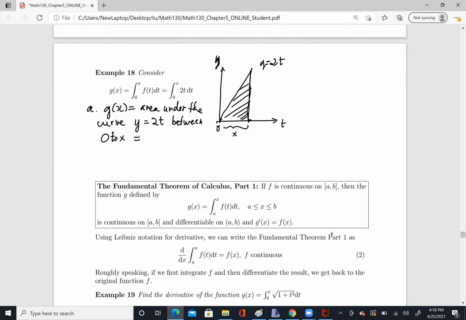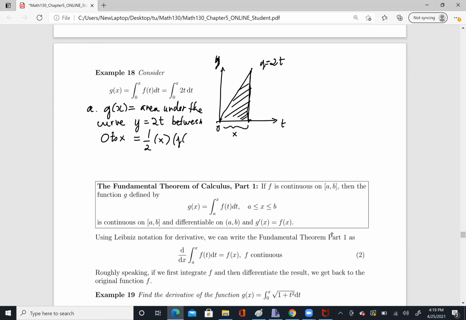The area under 2t in between 0 to x is a right triangle, right? So I'm going to have 1/2 times base times height, base x, right? And then height can be f of x, which is 2x.